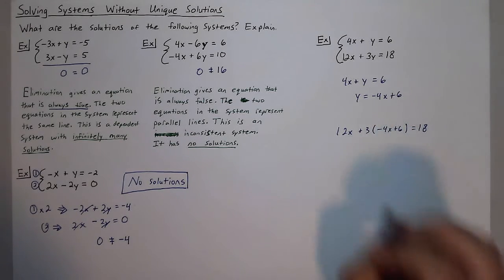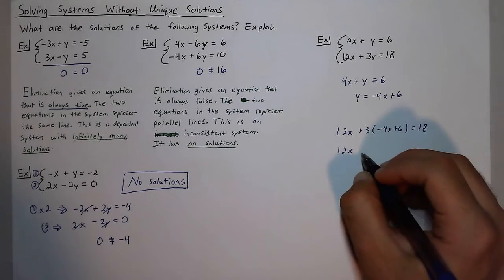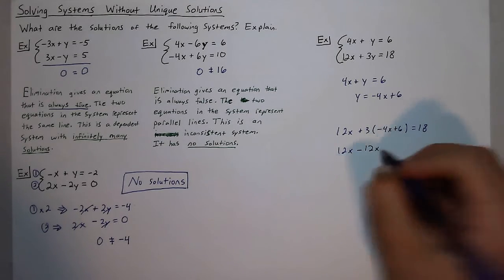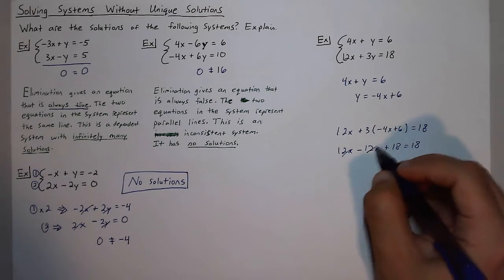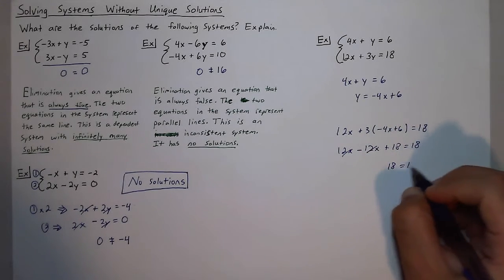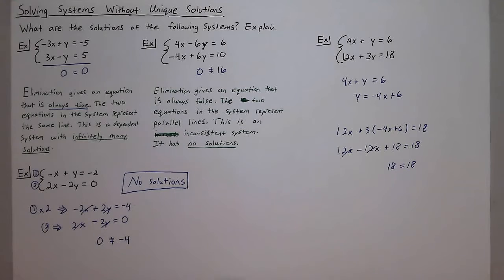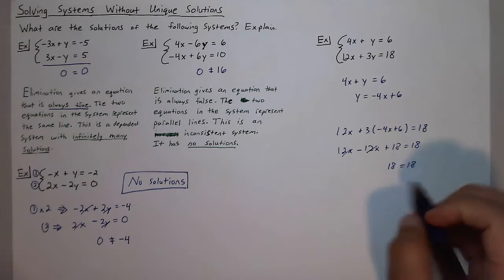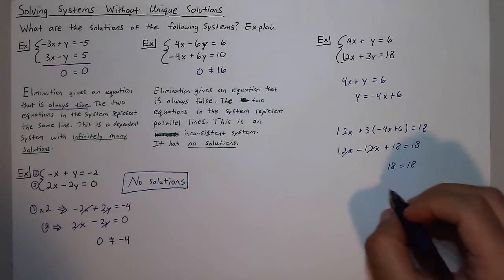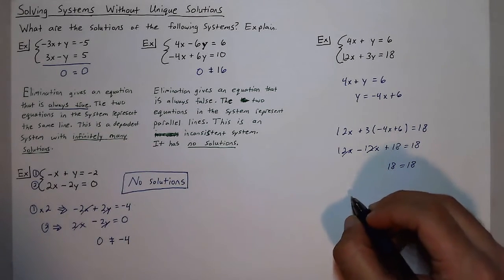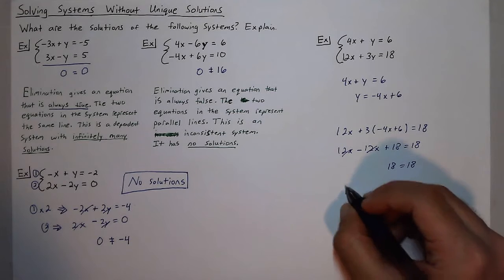Distribute the 3, give me 12x minus 12x plus 18 is equal to 18. The 12x's cancel, and I'm left with 18 equals 18, which is always true. And you can even subtract 18 from each side or add any number you want to. It'll always be true, meaning this system of equations has infinitely many solutions.